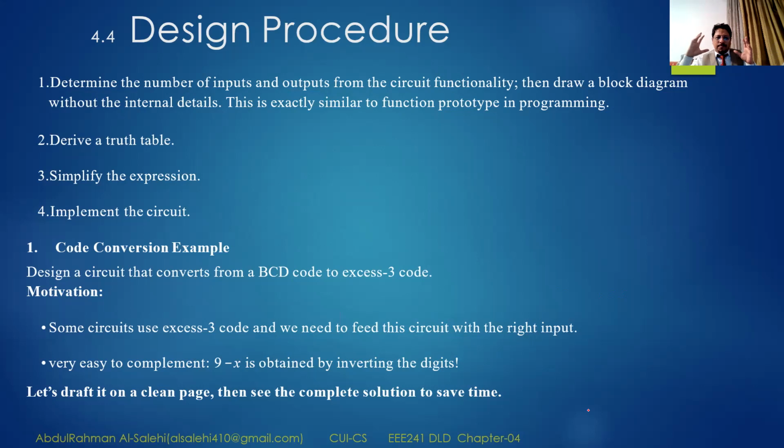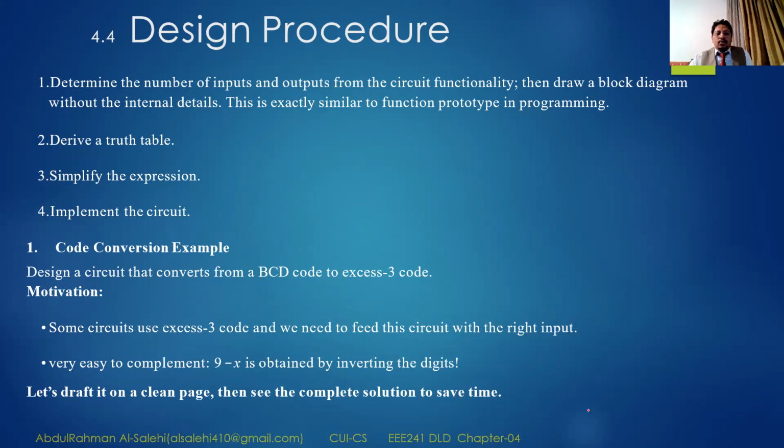When I have a circuit, I have to determine how many inputs and how many outputs I have, and then I go through building the function without going into more detail about the internal workings. So this is exactly similar to the function prototype in programming.